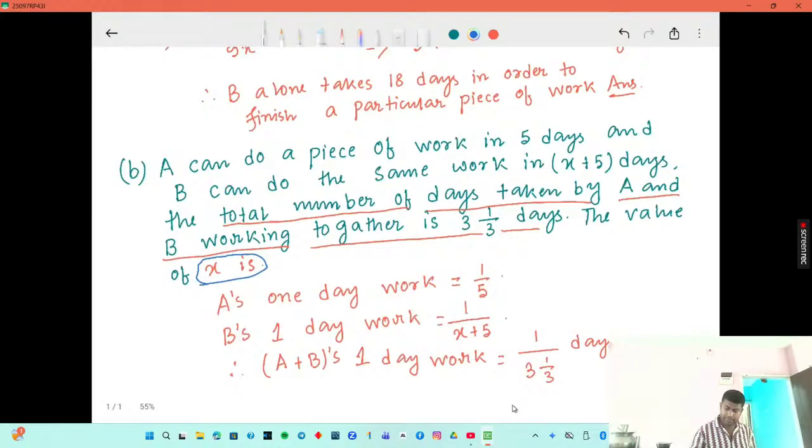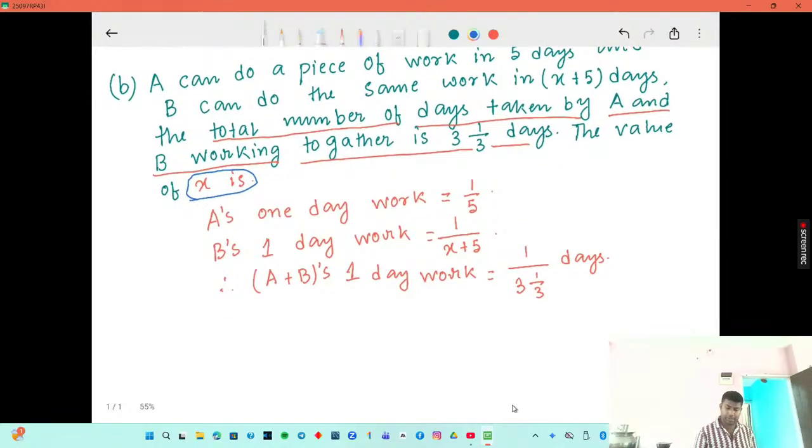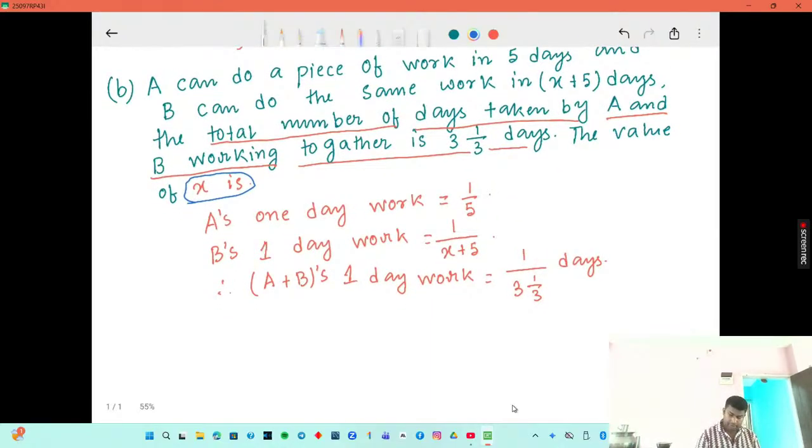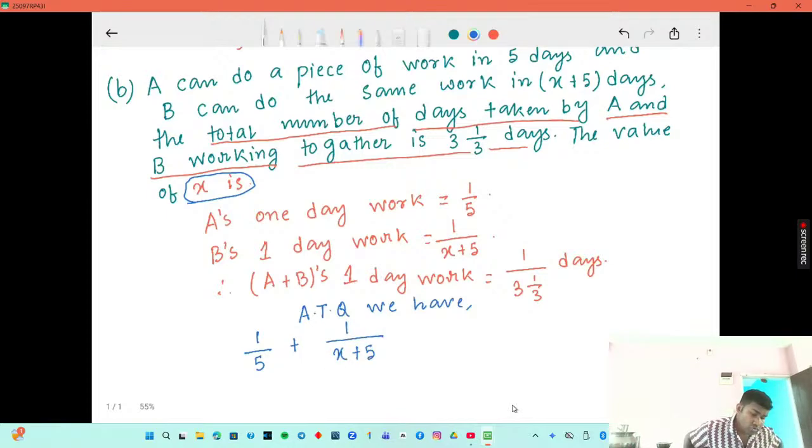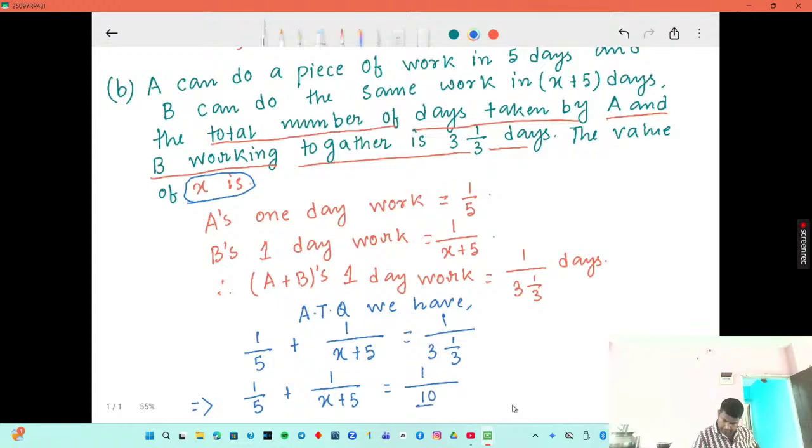Therefore, according to the question, we have 1 by 5 plus 1 by x plus 5 is equal to 1 by 10 by 3.